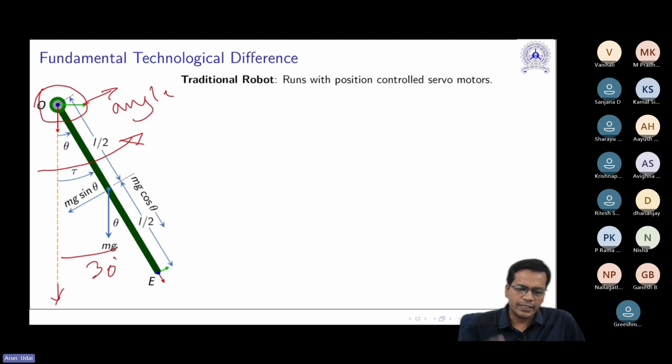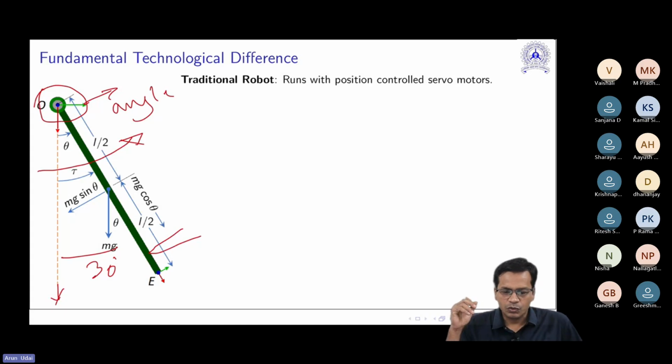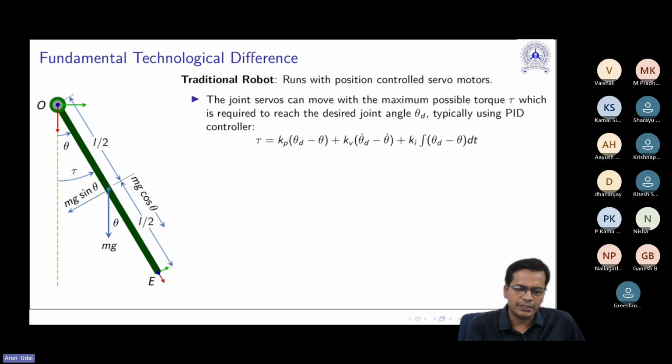So if at all there is any obstruction in its way, what will happen? It will try to build up the forces so as to overcome that external obstruction and reach the commanded angle. So that is where it is very, very dangerous. It works on position error, velocity error and integrated error over a period of time, commonly known as a PID controller.